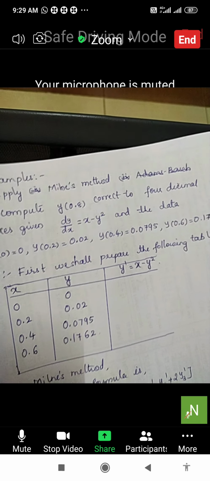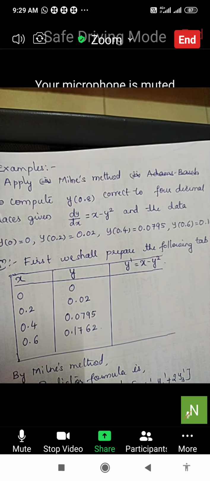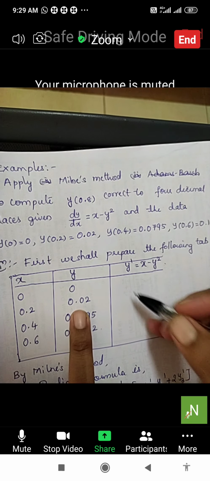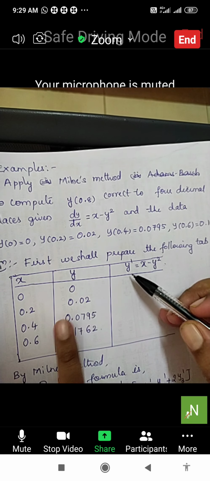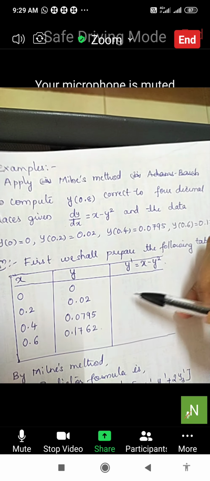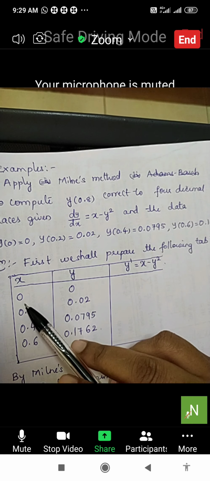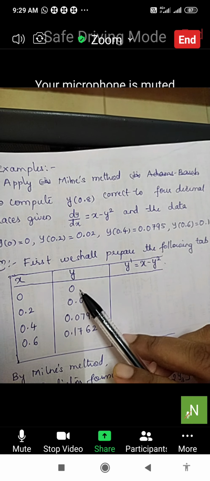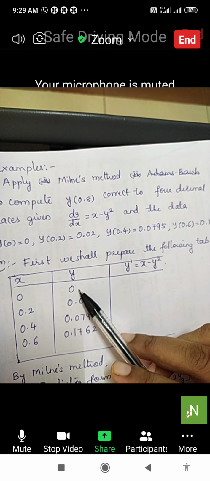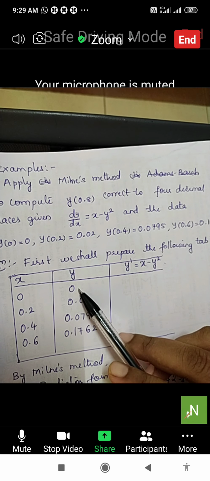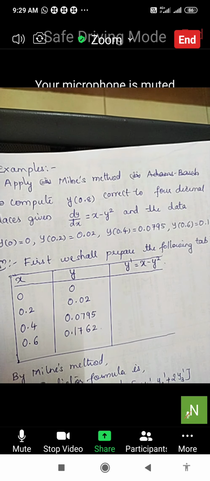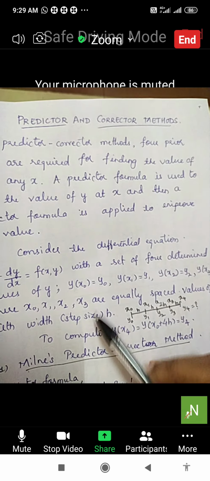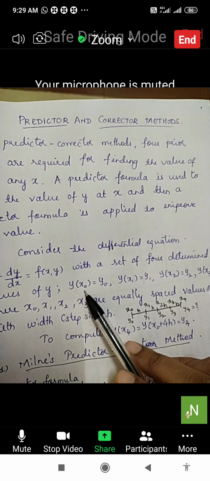Now take your calculator and concentrate on how I'm doing it. Just see this part. What is the meaning of y of x naught equal to y naught?